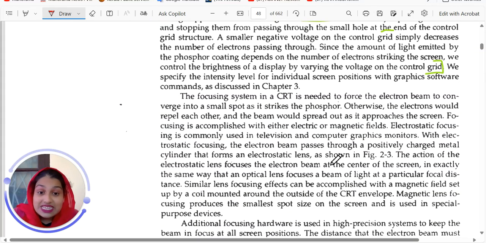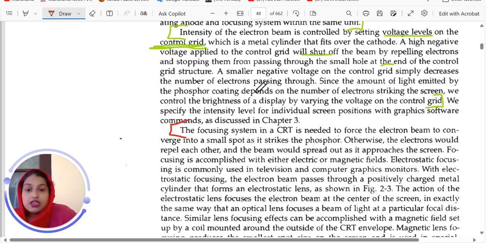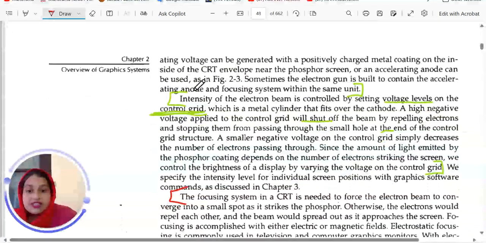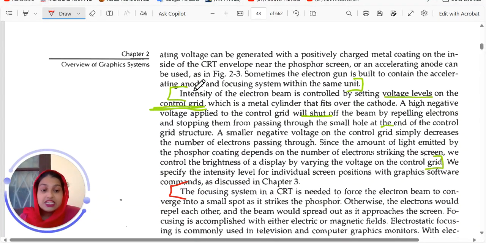Now, the focusing system in a CRT is needed to force the electron beam to converge into a small spot as it strikes the phosphor. Then we have the focusing system. Now, where is this focusing system? The focusing anode over here. So, this focusing system in a CRT is needed to force the electron beam to converge.